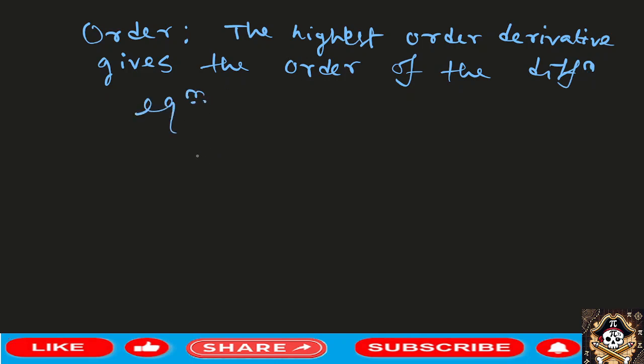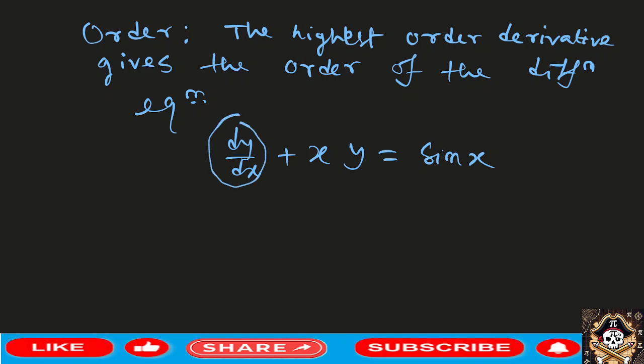Now let us take an example. Let's say dy dx plus x y equal to sin x. Here the only derivative present is dy dx, and it is a first order derivative.